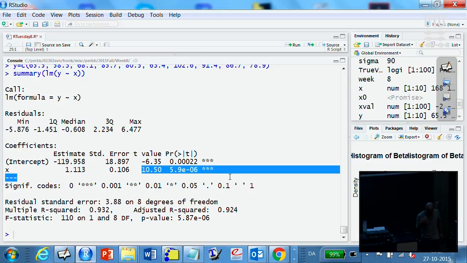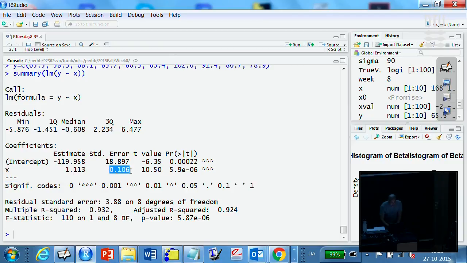We have made very strong evidence against the idea that there could be no relation, the null hypothesis. We have proved the null hypothesis of no relation wrong by this small p-value. That's the interesting thing. And we could then quantify it by taking 1.111 plus minus the t percentile times this number, and we get a confidence interval.